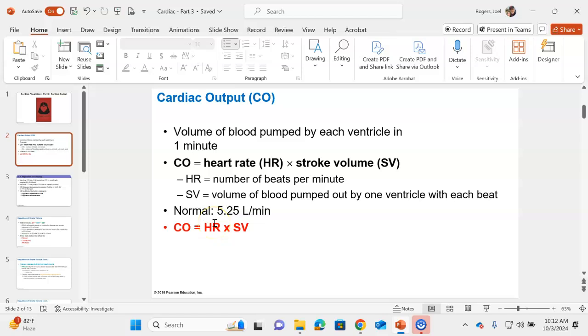If you're stressed and your heart rate goes up, your heart's pumping out more per minute. If you lost blood because of a severe laceration, cardiac output will go down unless the heart beats faster to compensate for it. So again, a big picture health application to cardiac output. Anything that changes these variables changes this. If you have questions, let me know.